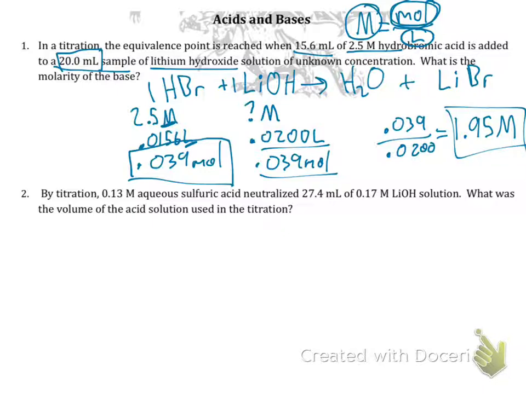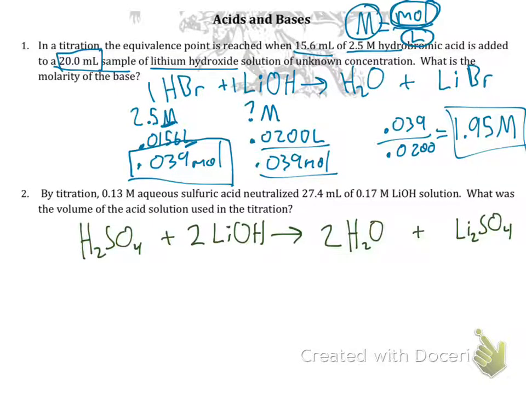All right, so let's go ahead and do this next problem. It's the same exact type of problem, except it's now asking for what volume of the sulfuric acid would be required to neutralize that. So again, first thing we do is write a balanced chemical equation. And then let's go ahead and look at what's given to us.